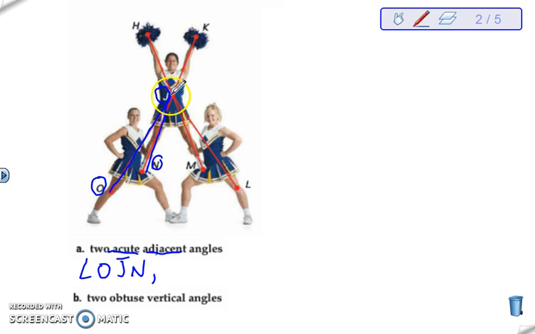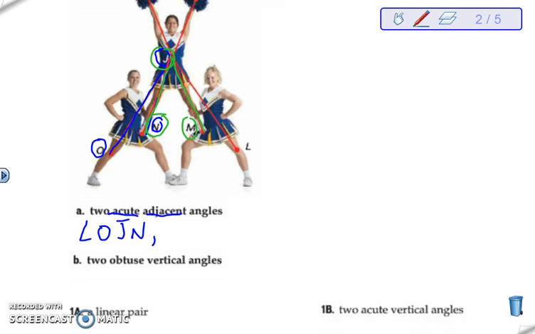We notice this line here is in both the angle we just drew and that angle in the middle. What points did we pass through to trace that angle? Well, we passed through N, J, and M. So the second angle that's part of that pair is N, J, M.